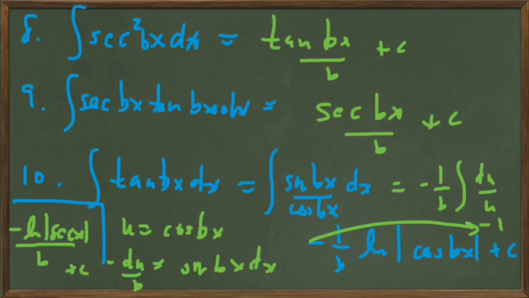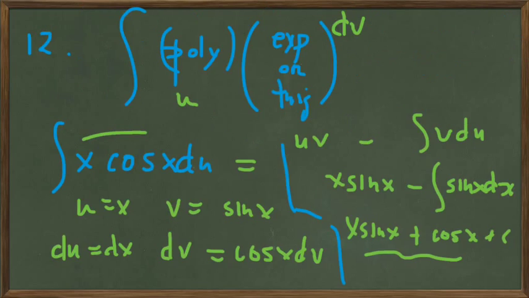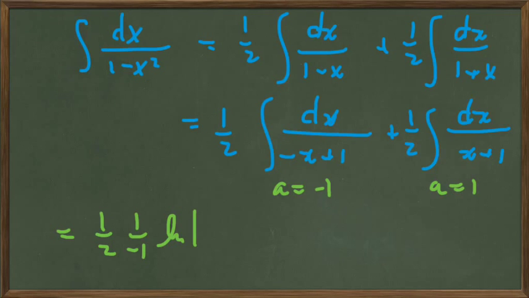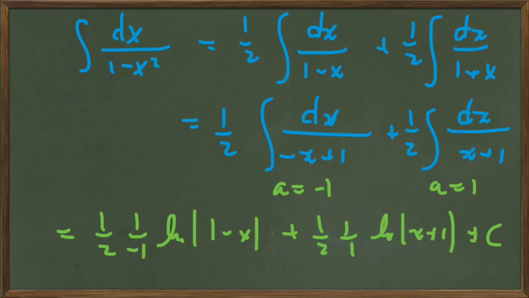So if we go back to where we were, the a right here is minus 1, and the a right here is 1, and so when we integrate, it's 1 half 1 over a ln absolute ax plus b. I'm going to write it back in this form, and then 1 half, the 1 over a is just 1, ln of absolute x plus 1 plus c.